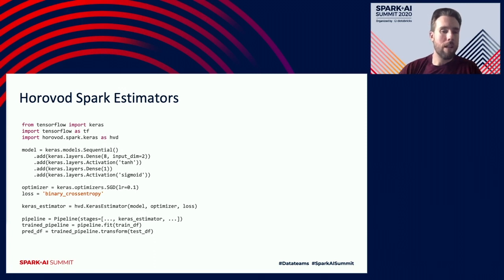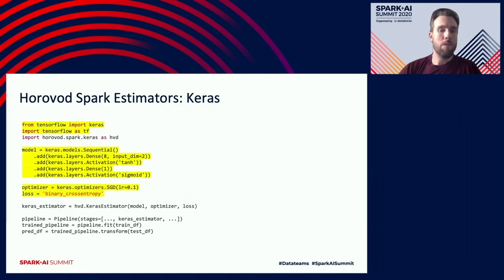So Horovod Spark Estimators are that glue code that essentially takes your Spark application that does your normal feature processing, data transformation, as well as your deep learning model, and then puts that deep learning into just a single estimator that you can stick in a normal pipeline, call fit on it, and get a transformer that will enable you to make predictions on your data.